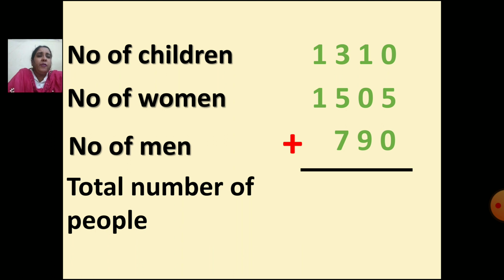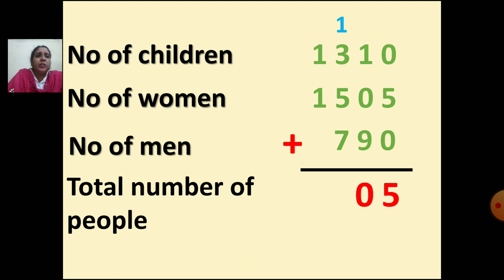So first we are going to start from units place. Now 0 plus 5 is how much? 5. Now we will add tens place. 9 plus 1, 10. So 0 will come down, 1 will go in hundreds place. Okay. Now we will add hundreds place number. 3 plus 1 is how much? 4. Right? 4 plus 5? 9. 9 plus 7? 16.